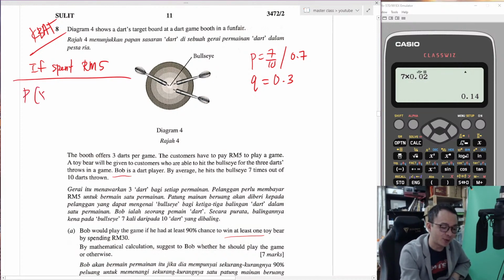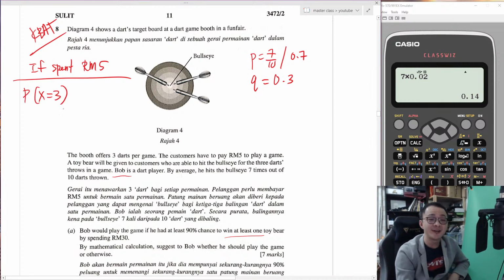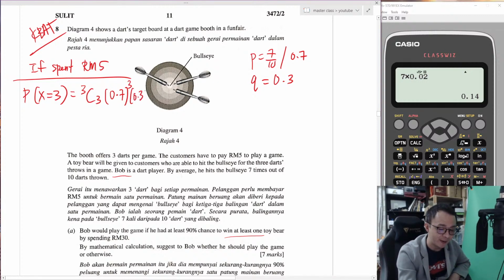So basically x will equal to 3. If I throw 3 times, I want all the 3 times to hit, so x equals 3. All hit, so it's 3C3, isn't it? And then 0.7, which is 70% chance I will hit the blue eyes, power of 3, and then 0.3 power of 0.